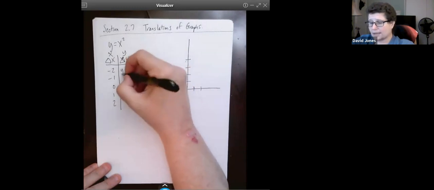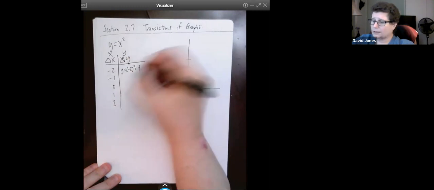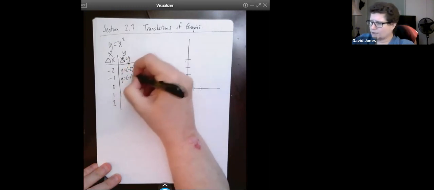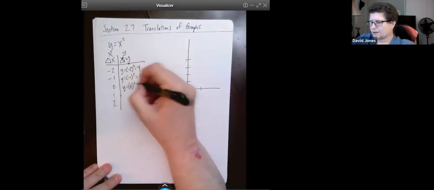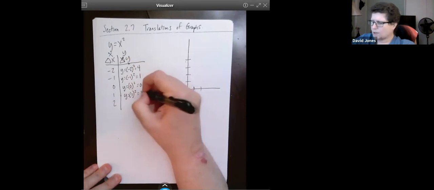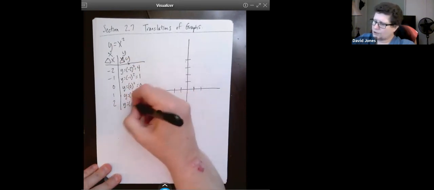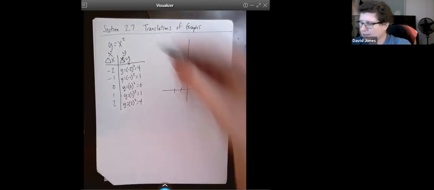So y equals x squared: negative 2 squared is 4. Y equals negative 1 squared is 1. Y equals 0 squared is 0. Y equals 1 squared is 1. Y equals 2 squared is 4. These were our shifts, and we talked about these before.